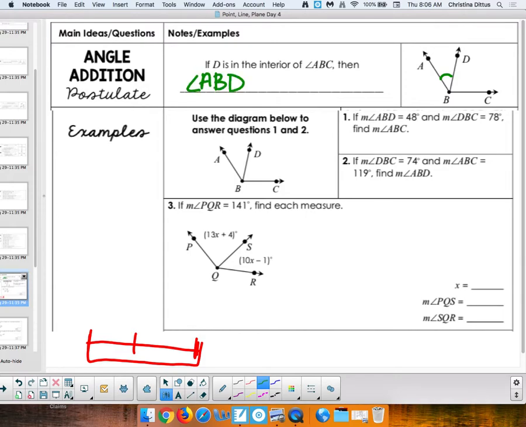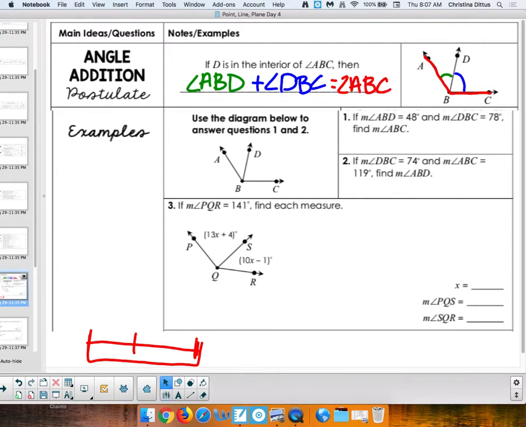Remember when we name angles, we have our vertex in the middle. I can take that angle plus this angle here, angle DBC, and it has to equal my big angle ABC.